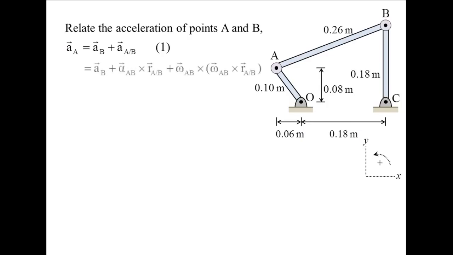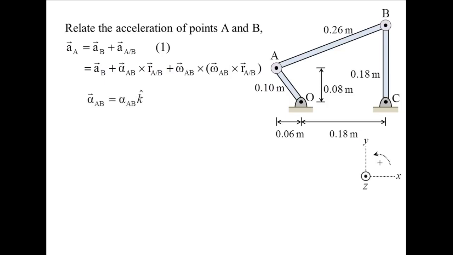The relative acceleration term is decomposed into tangential and normal components. The tangential component is alpha AB cross RAB, the position vector pointing from point B toward point A. The normal component is the angular velocity of link AB, called omega AB, cross the quantity omega AB cross RAB.